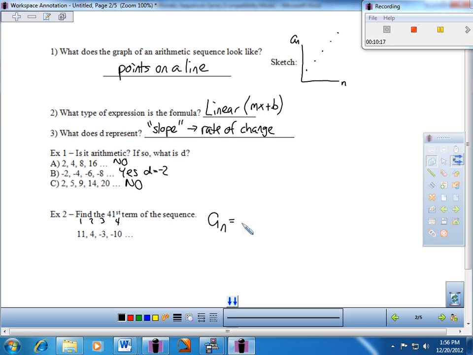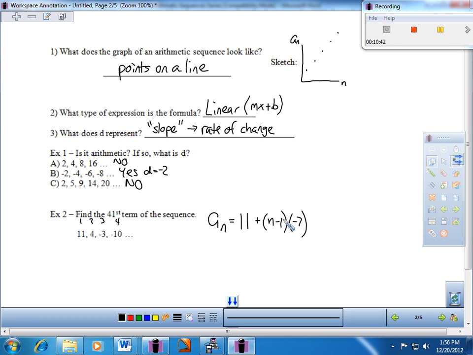And the formula just basically says, start with the initial term, which is 11, and I just add n minus 1 d's to that first term. And so that's basically it right there. Now, if I asked you to simplify this out, and I will probably do so on the next example or two, we would distribute that -7 in, and you would see that mx plus b unfold.